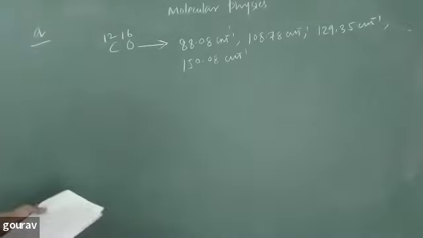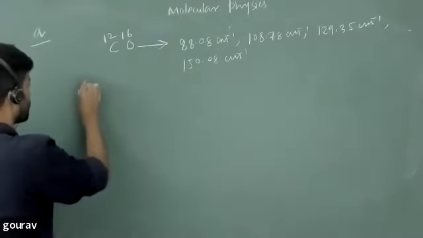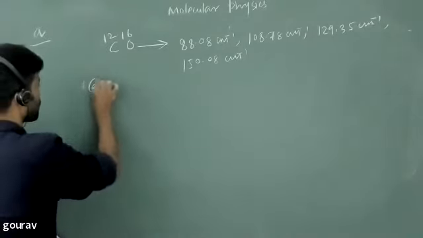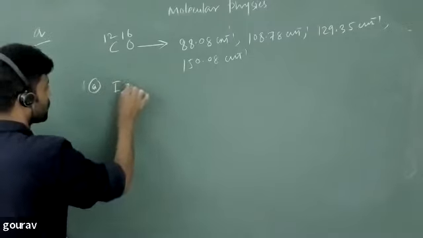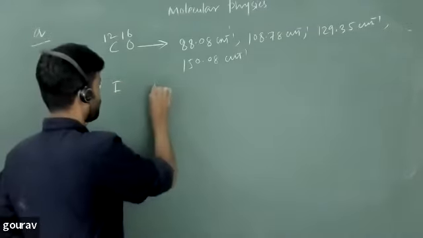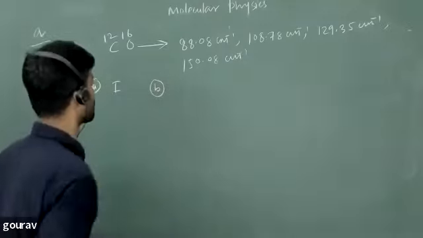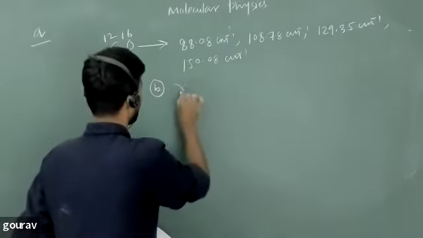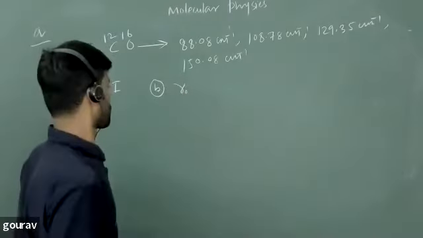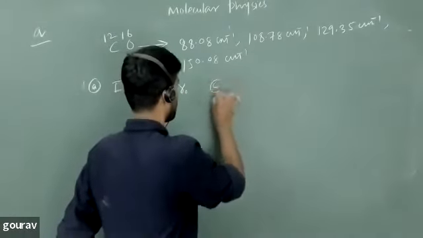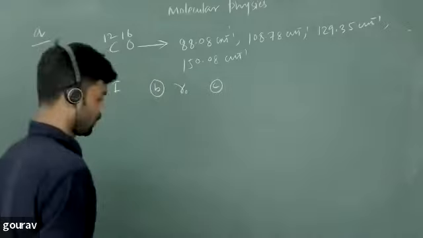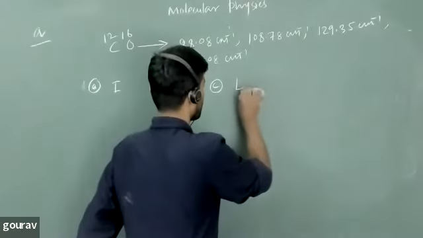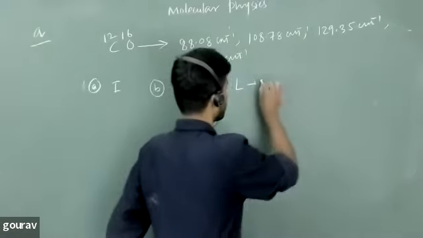Then what is the question? First, part A, you have to calculate the moment of inertia of this molecule. Part B, you have to calculate the bond length. Part C, you have to calculate the angular momentum L for the second excited state.